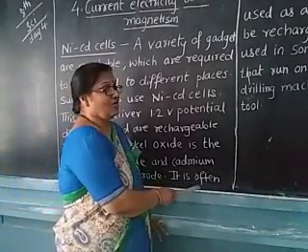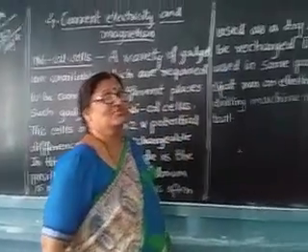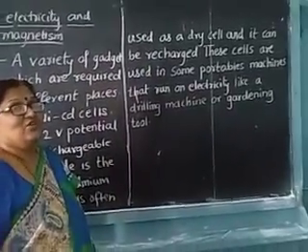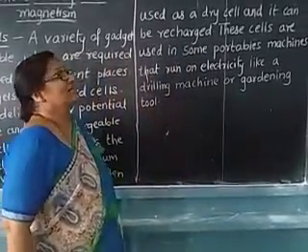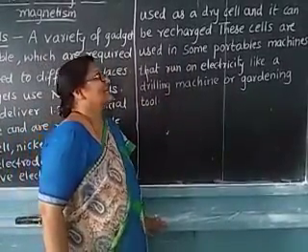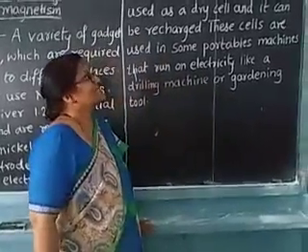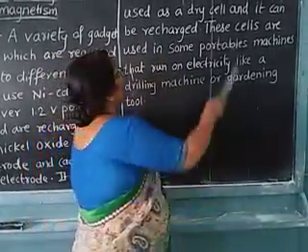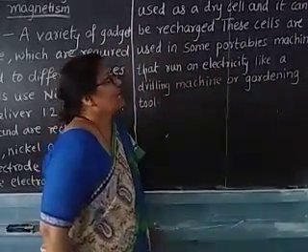It is used in dry cells. Yesterday we have seen the construction of the dry cell. Nickel cadmium is used as a dry cell and it can also be recharged.